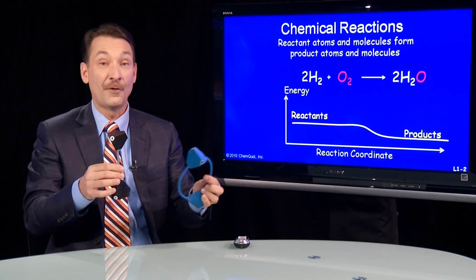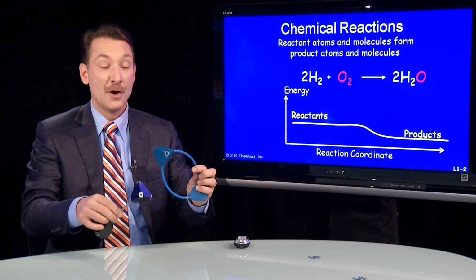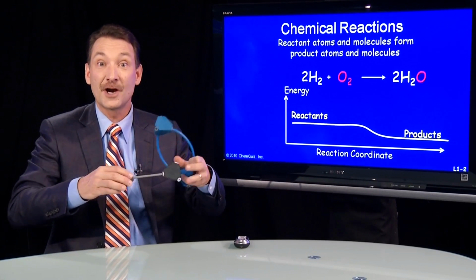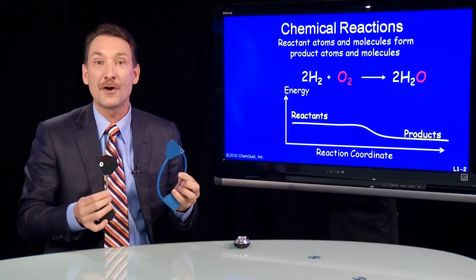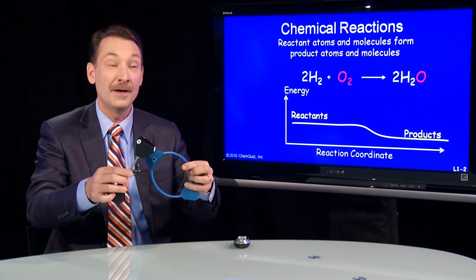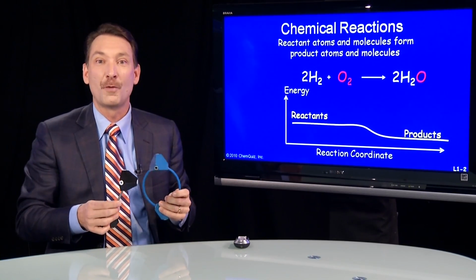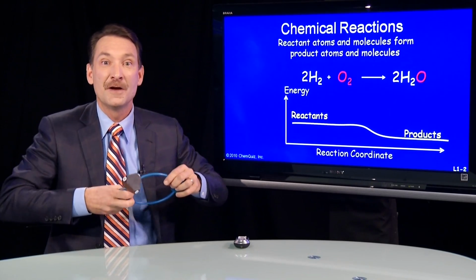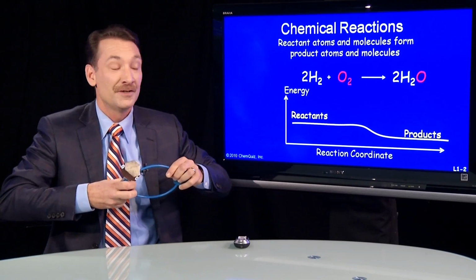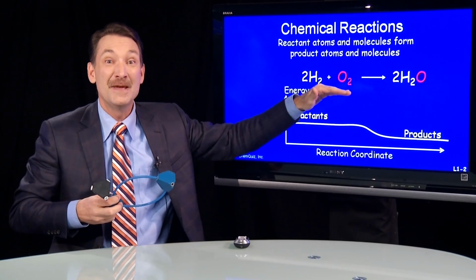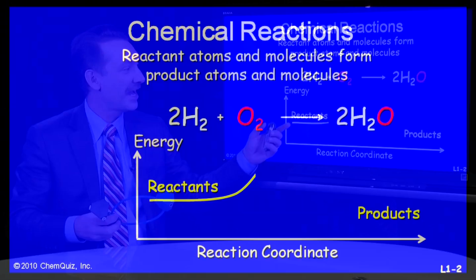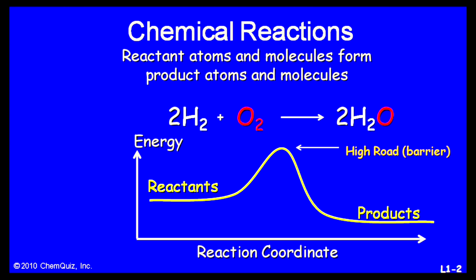Well, in order to form water from oxygen and hydrogen, we have to pull apart and strain the bonds that are holding the hydrogen and oxygen together in their own molecules, and then form the bonds that form the water molecule. That pulling and stretching and rearranging of bonds requires energy. So there's a high energy intermediate state between the reactants and products. We call that a high energy barrier between the products and reactants.